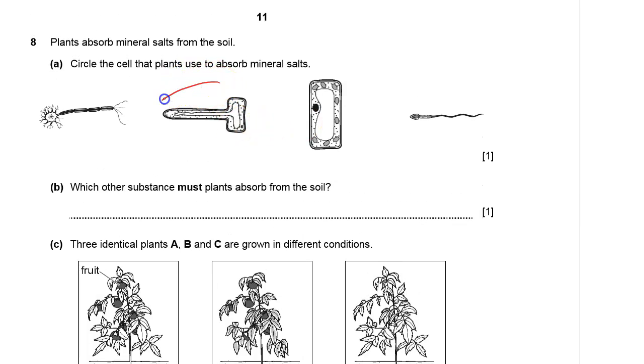This is the cell right there. Which other substance must plants absorb from the soil? Definitely plants will need water. When plants don't have water, they're not able to make their food during photosynthesis.